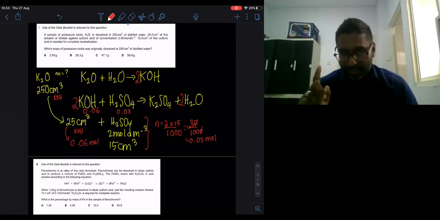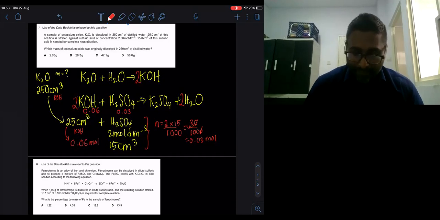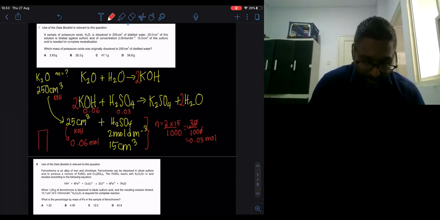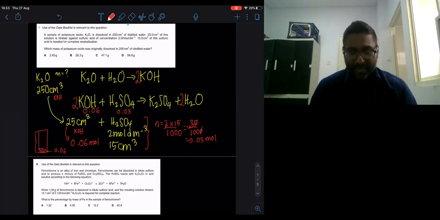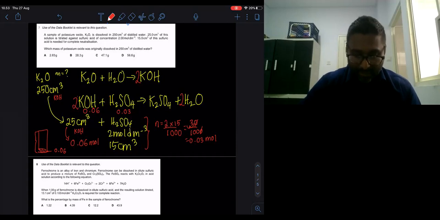But do remember, when we have a lot of potassium hydroxide, we only took a small portion of 0.06. The remaining portion, which is going to make the 250 cm³, we need to multiply with something.